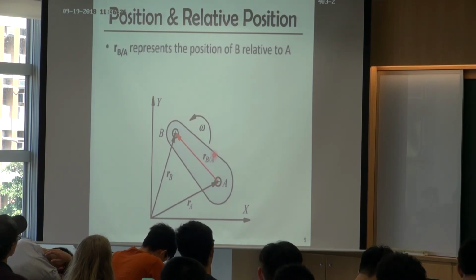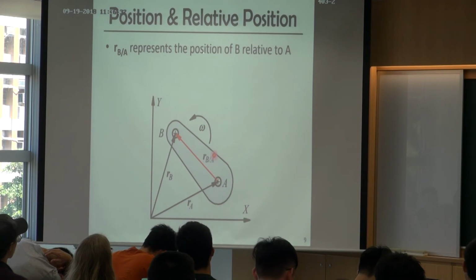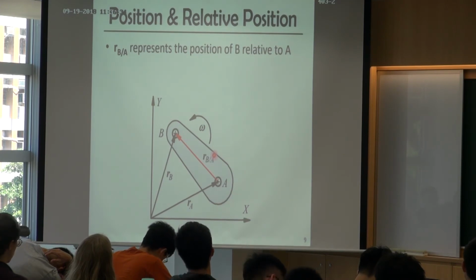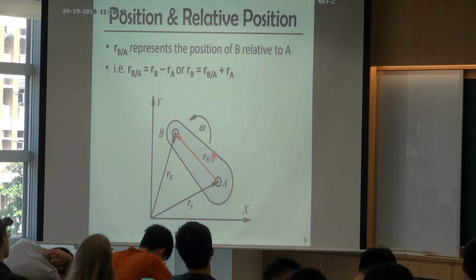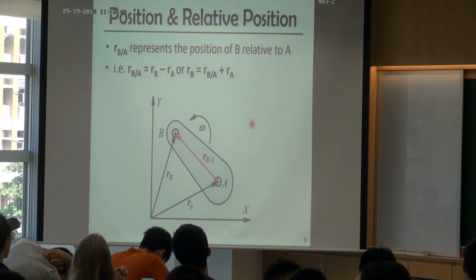We use the representation RB/A to represent the position of B relative to A. In other words, we can see from this picture that RB/A, RA and RB are all vectors.